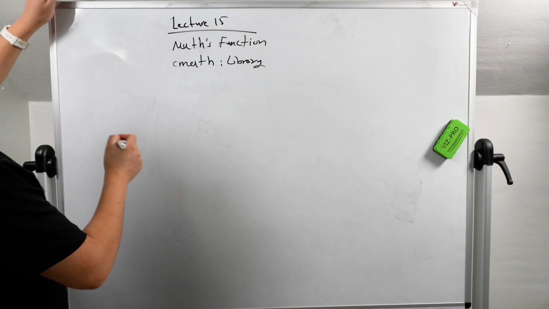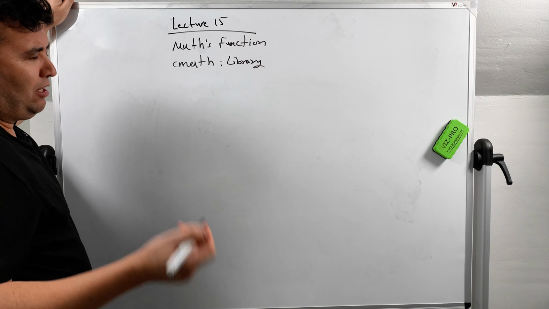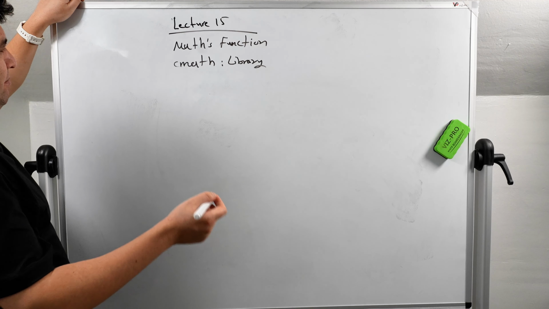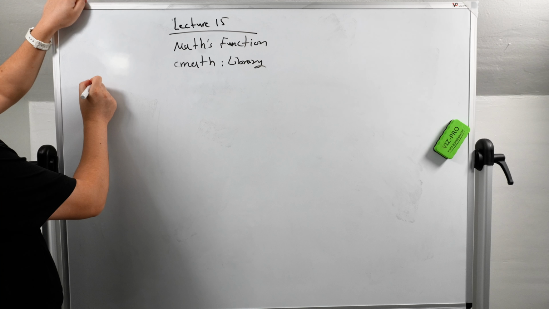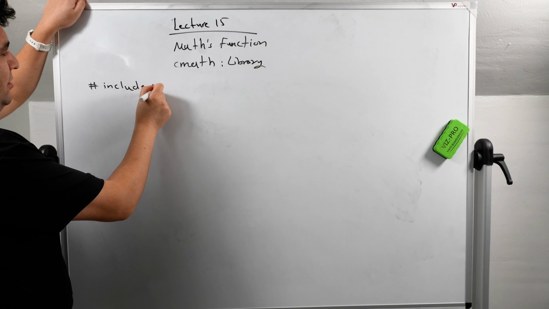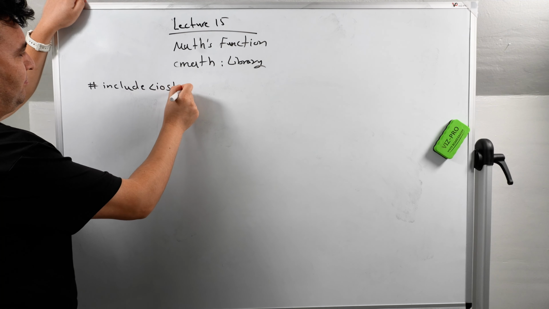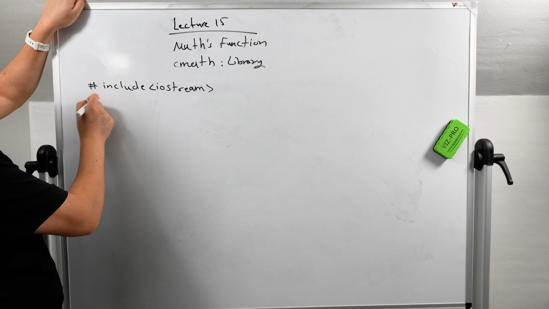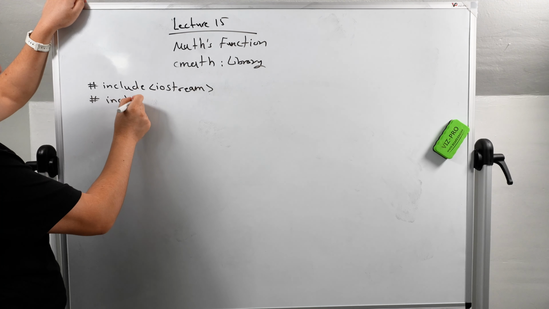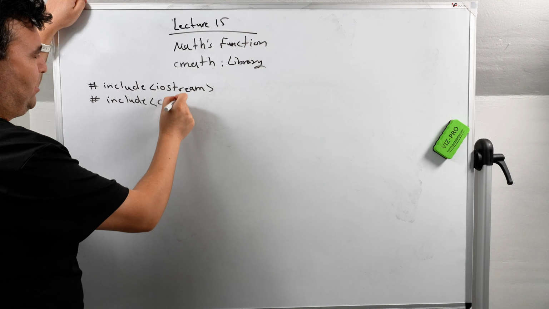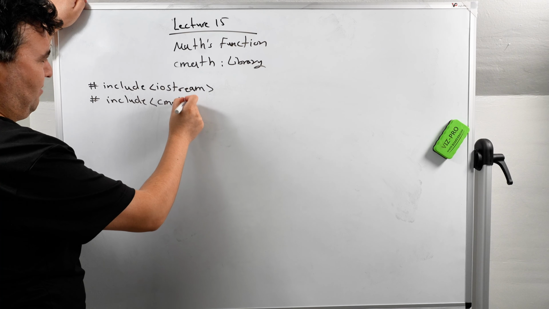For example, if I write a program to calculate the square root of a number in C++, what I can do is say #include <iostream>. I use the iostream library. Then I can #include <cmath>, the C++ mathematics library.